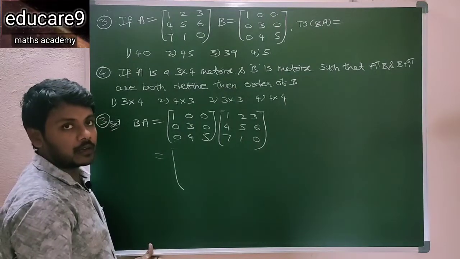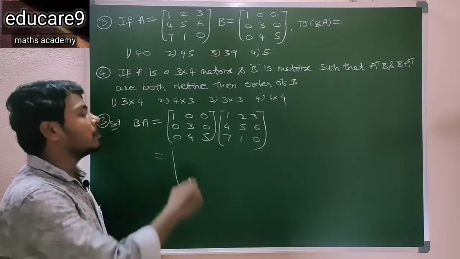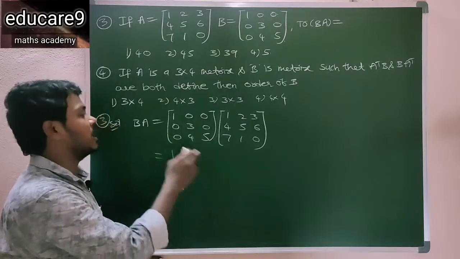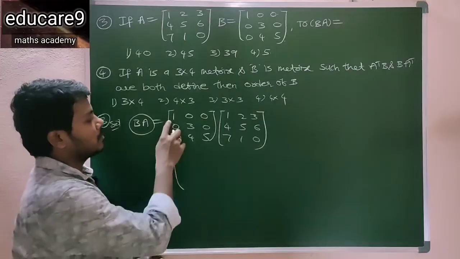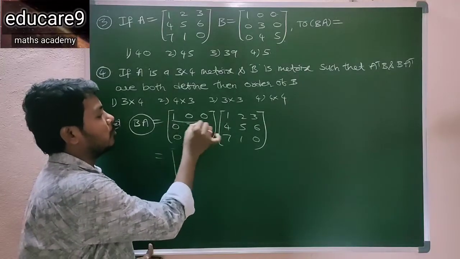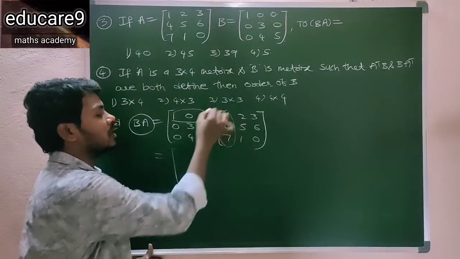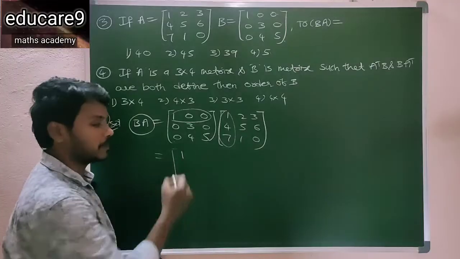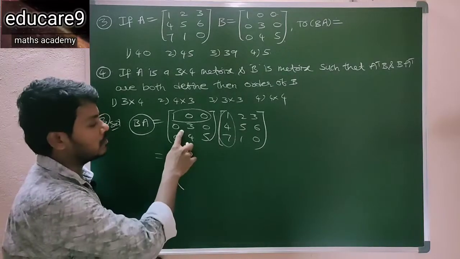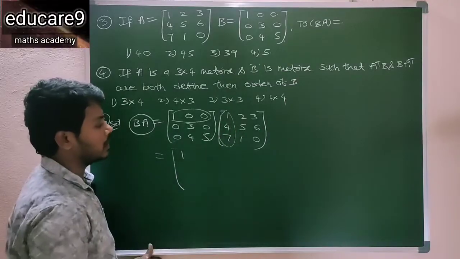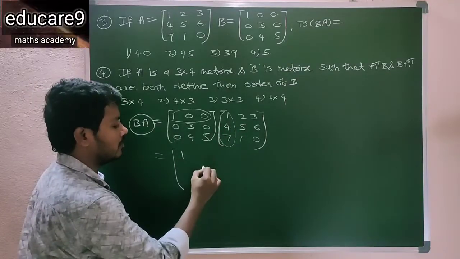Trace means the sum of the principal diagonal elements. So you can find the diagonal elements in the product. First row, first column, that is 1. And second row, second column, multiplying second row with second column, what you get? 15.